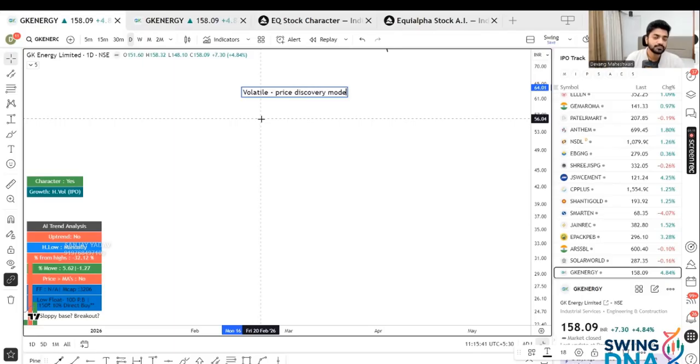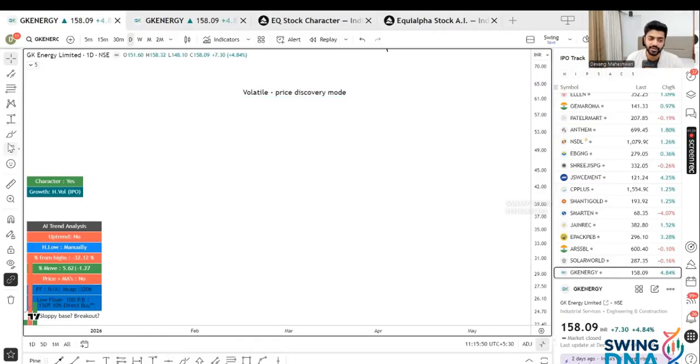That makes them volatile, at least in the initial sessions after listing. Let's say it gets listed at a 30% premium, 20%, or at a discount, whatever it is. Usually after that, the first 15-16 days are very volatile days.